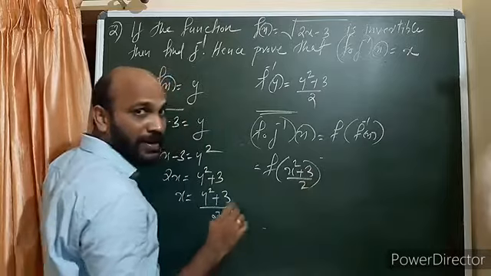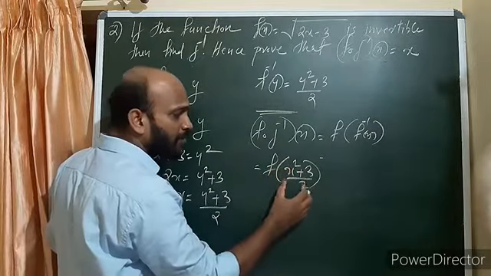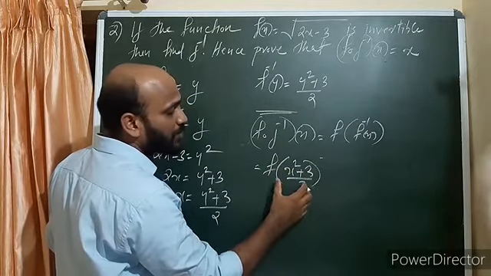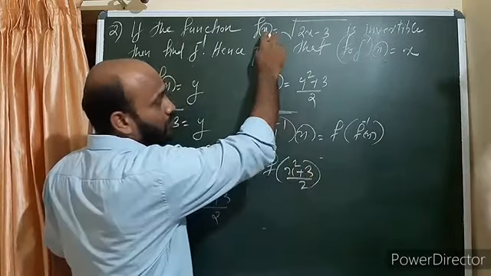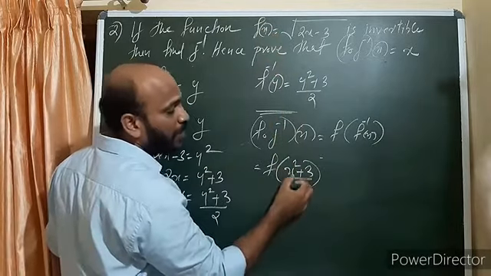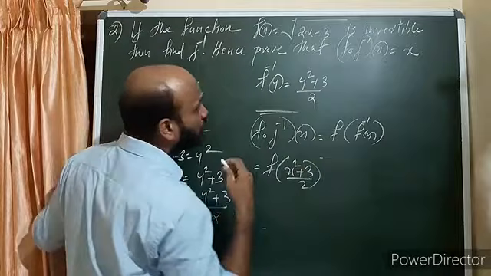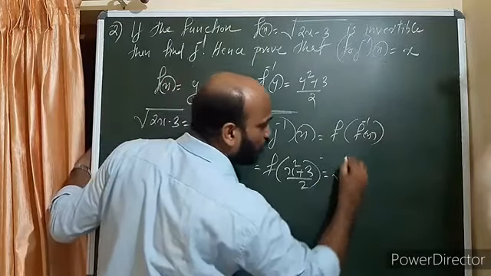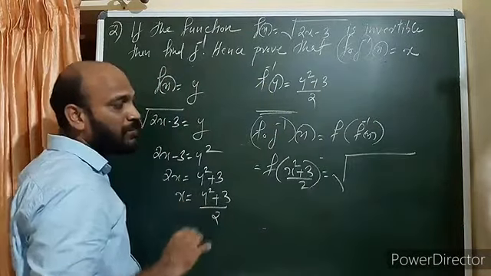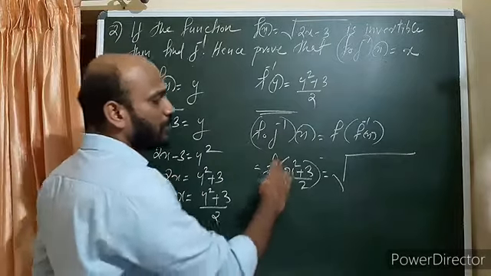Now we want to find f of x square plus 3 by 2. That means f of x formula to use. In place of x, you have to substitute x square plus 3 by 2. So what you will get? That is root of, right hand side also, in place of x, you have to substitute x square plus 3 by 2.